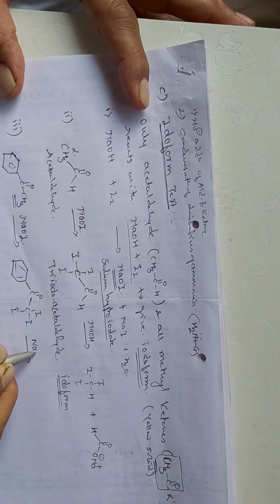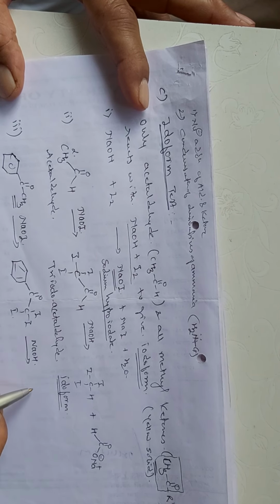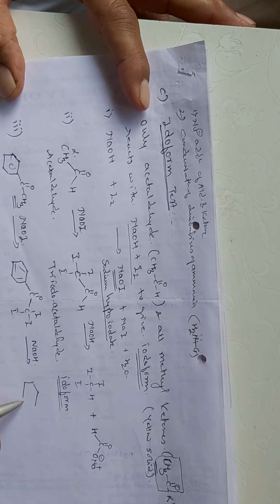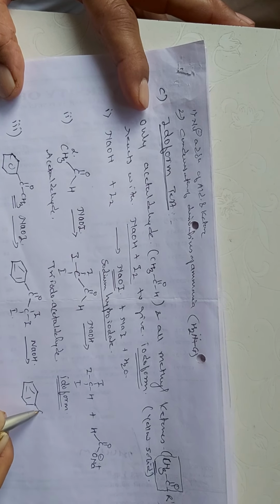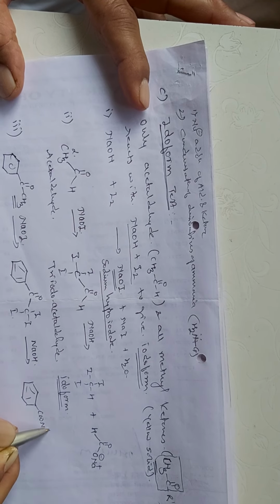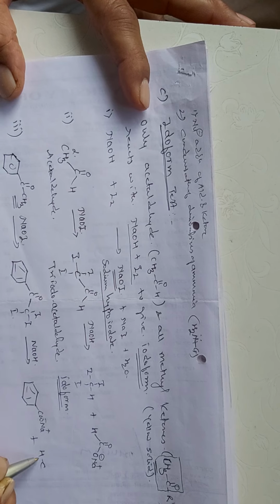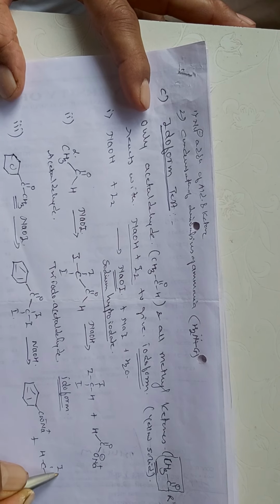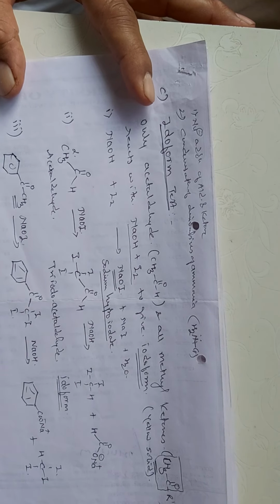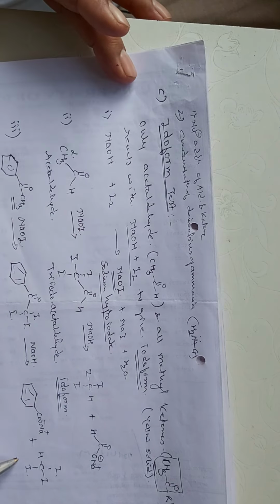Further it reacts with sodium hydroxide, and you will get the formation of sodium benzoate plus iodoform. So only the molecules with methyl keto group in ketones will show the iodoform test.